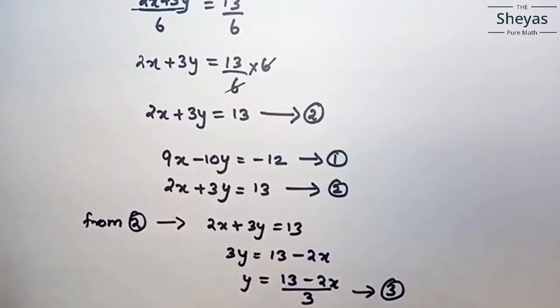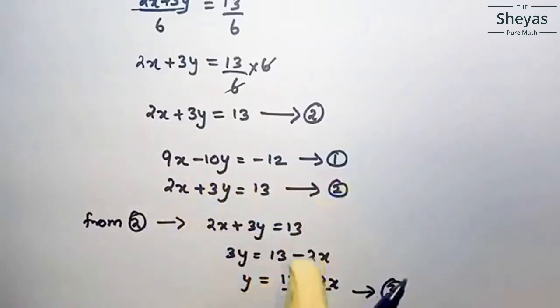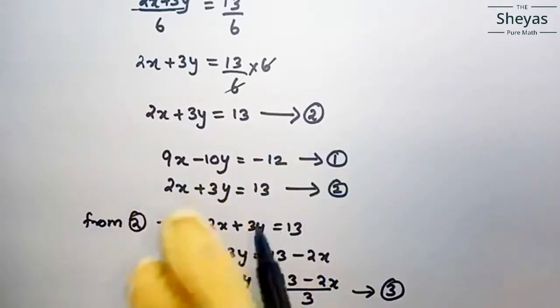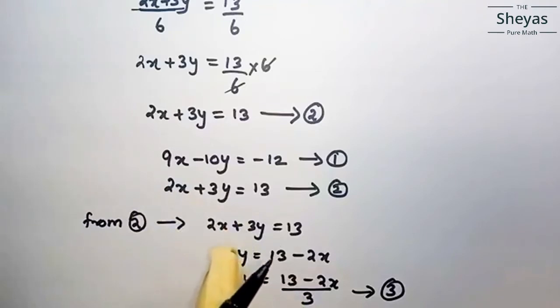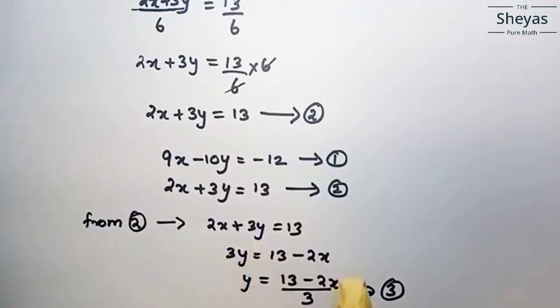What you have to understand here is I am taking from the second equation. You can take any variable. You can keep this 2x here and bring this 3y to the other side, and you can form a value x in terms of y.